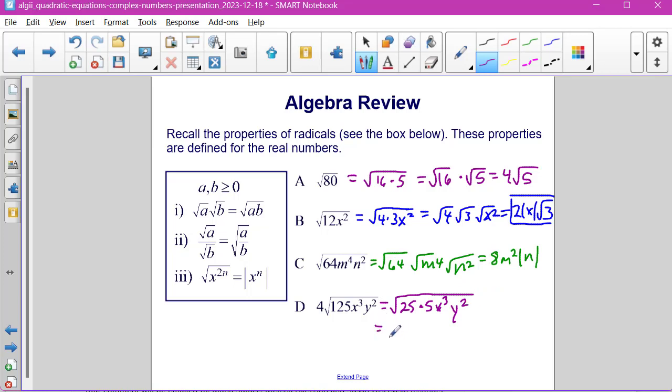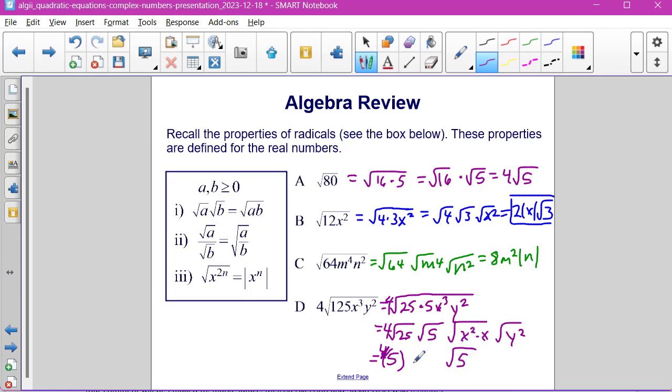So now we're going to have the square root of 25, the square root of 5, the square root of x squared times x, and then the square root of y squared. Now the square root of 25 is 5. And I forgot to put the 4 in front and bring it down. So we have 4 times 5. We have a square root of 5 still remaining.